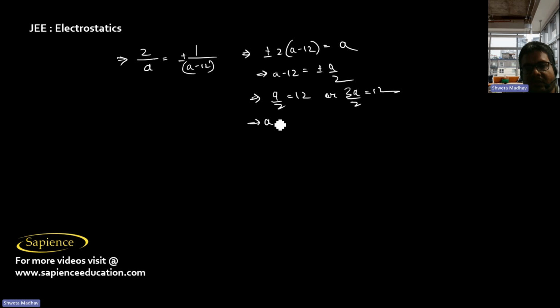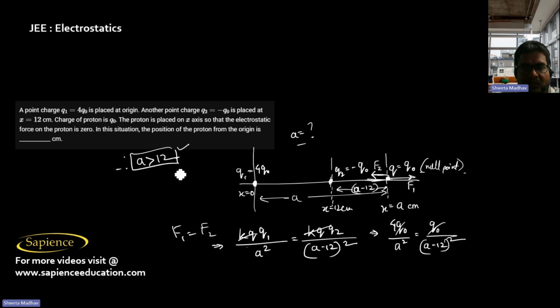So from here we will get A equal to 24, or from here A equals 12 into 2 by 3, that is 3 4s are 12, 4 2s are 8. So A will be equal to 8, but A can't be 8 since here A should be more than 12.